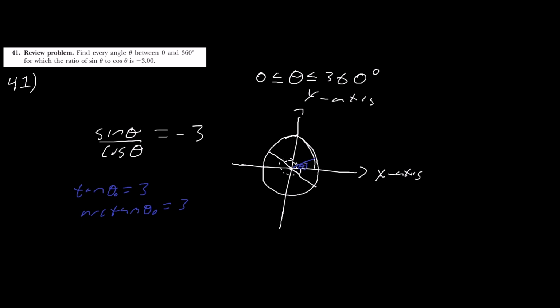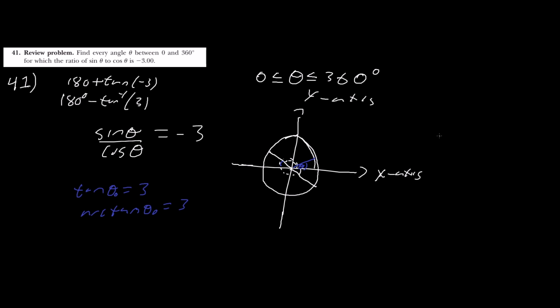So all you have to do is take this pi, or this 180 degrees, minus tangent inverse of 3, or you can take 180 plus tangent inverse of -3. Either way, this is the same thing.